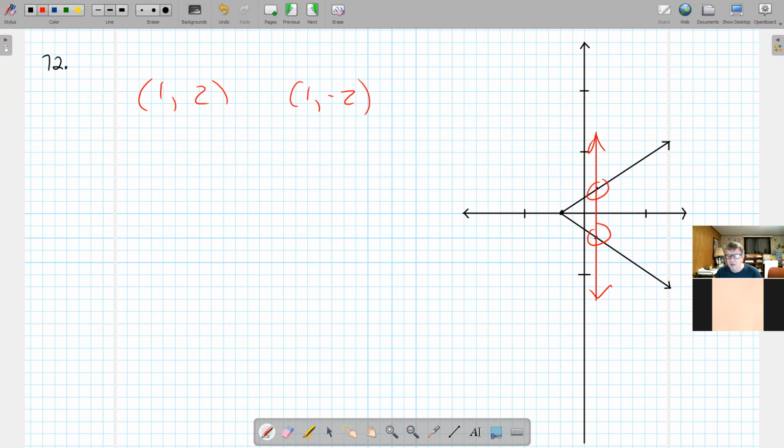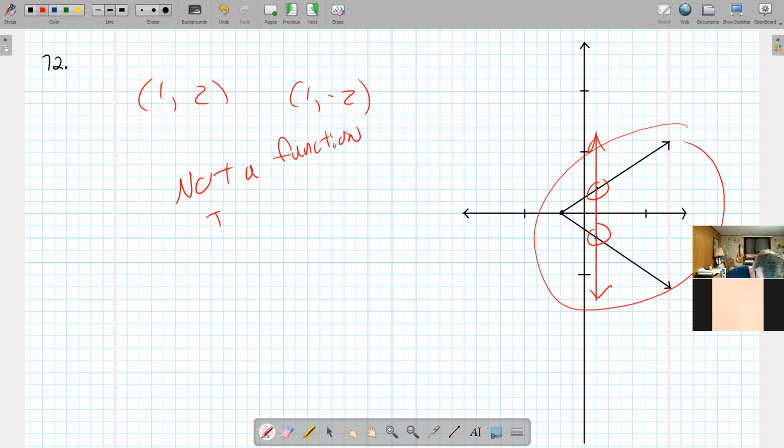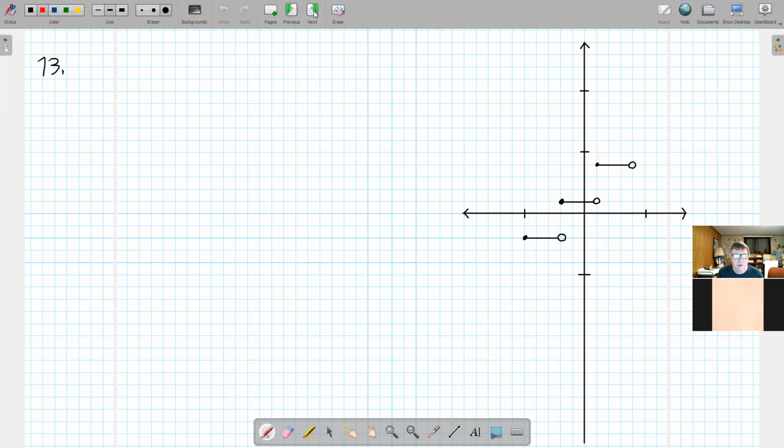So there's a set of 2 ordered pairs that show that this graph is not the graph of a function, because for one input, 1, y has 2 outputs. Y is 2 or y is -2. Okay? So this is not a function. It fails the vertical line test.